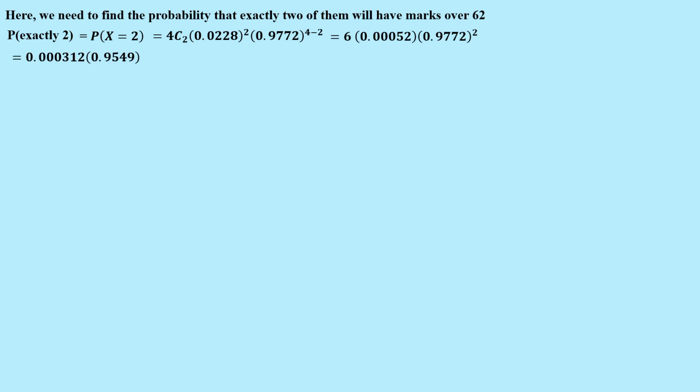We need to find the probability that exactly 2 persons, so x is equal to 2, right? That is the general formula. Now we use that particular case, so instead of x you put 2: 4C2 times 0.0228 power 2 times 0.9772 power 2. So you will get 0.00298. That is the probability. Thanks.